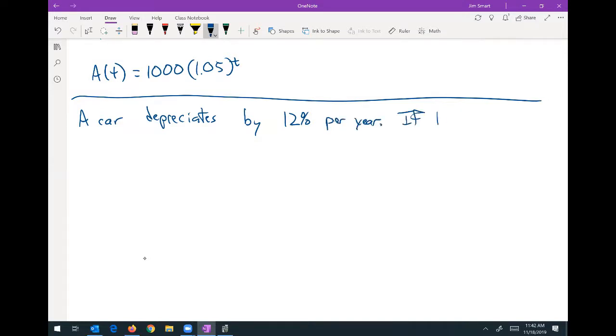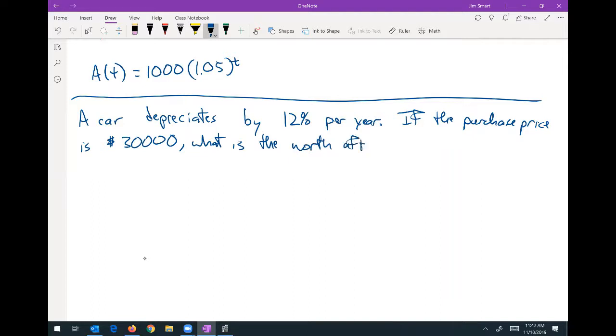If the purchase price is $30,000, what is the car worth after 10 years? Okay, depreciating is you lose value when you buy a new car. It loses value over time.